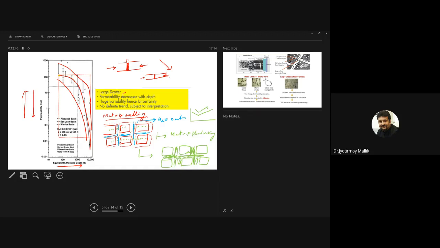But at the later phase of the lifetime of the CBM project, what I observed is that while the gas starts to produce, the matrix again shrinks, and because of the matrix shrinkage, the effective aperture of the cleat system increases, and hence we find the permeability to increase as well.